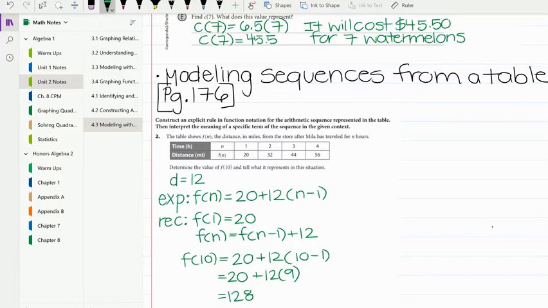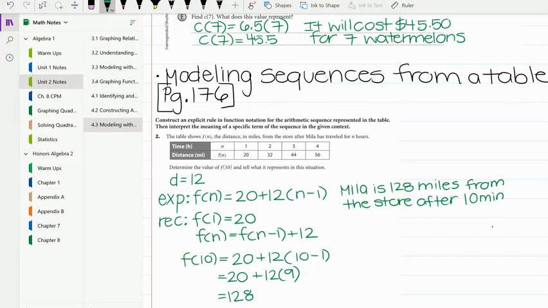So what does that mean in the context? What it means is Mila is 128 miles from the store after 10 minutes. So that's what we want to do when it says interpret. That's very important. Okay, so this was creating a sequence from a table.